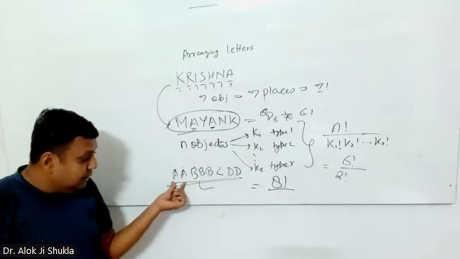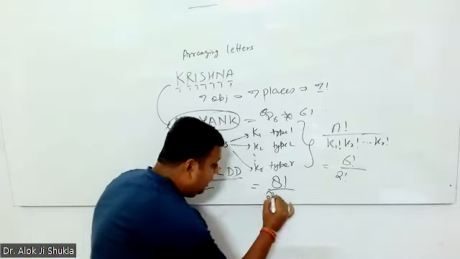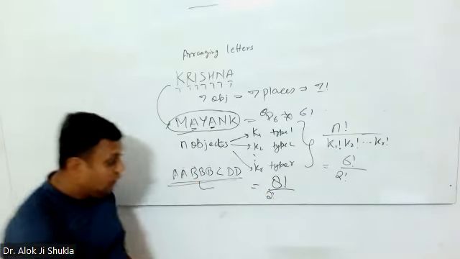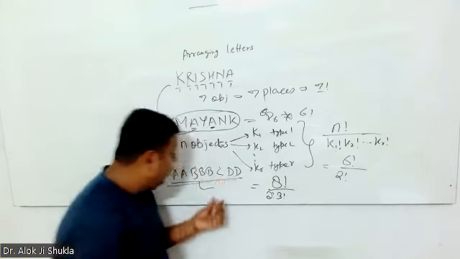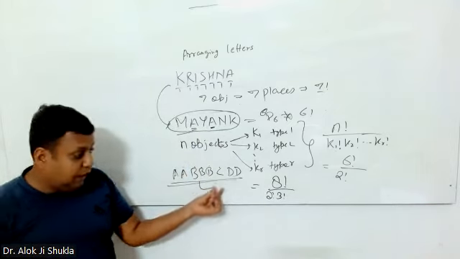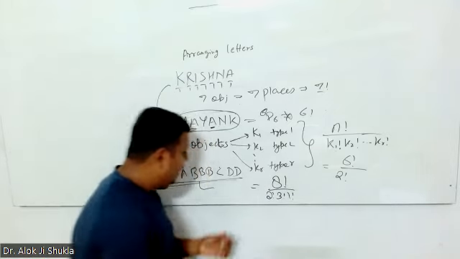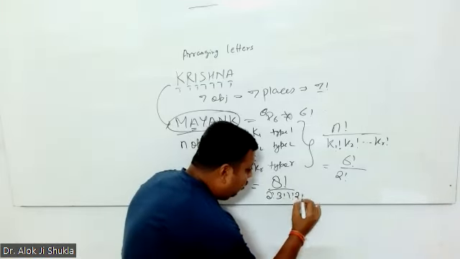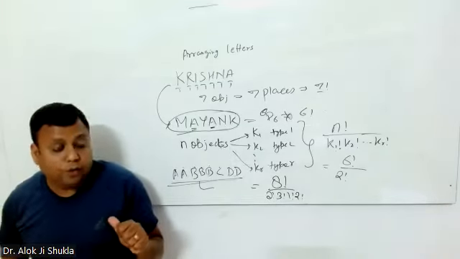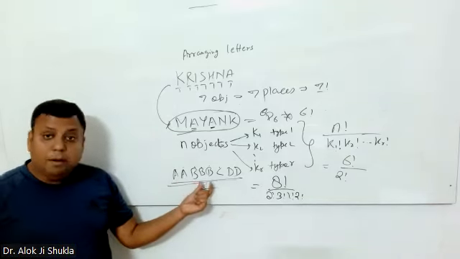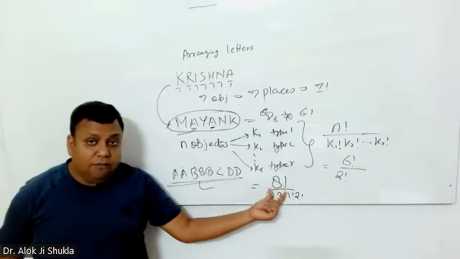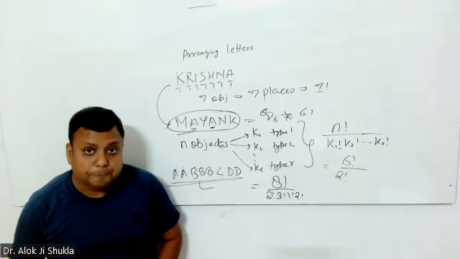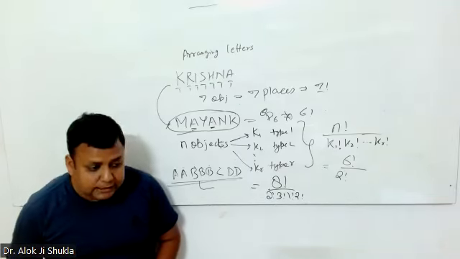There are 2 A's, therefore divided by 2 factorial. There are 3 objects of type 2, divided by 3 factorial. There is only 1 object of type 3, so that's 1 factorial. And there are 2 objects of type 4, therefore 2 factorial. So the number of ways of arranging double A, triple B, C, double D is 8 factorial upon 2 factorial into 3 factorial into 2 factorial. Got it?